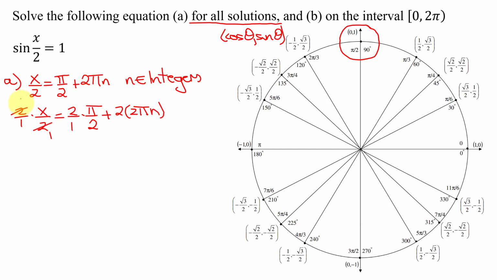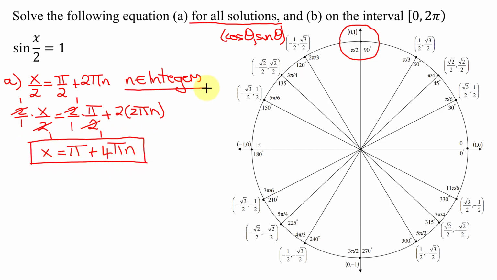So my 2's reduce, so I just get x equals, these 2's reduce, so I get pi plus 2 times 2 is 4, so 4 pi n. So there are all the solutions where n is an element of the integers. So I finished part A.